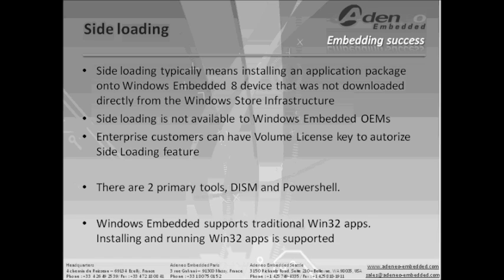Remember that Windows Embedded supports traditional classical Win32 applications, and you can install and run Win32 applications directly, without any certification program, on your computers. And remember that your old applications, with some adaptations, can sometimes run on your new Windows Embedded 8 system.